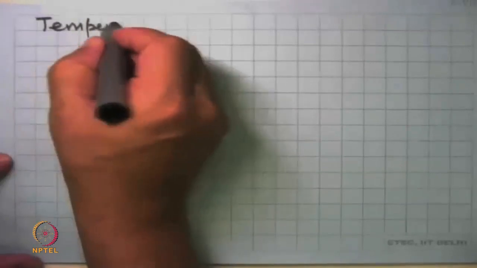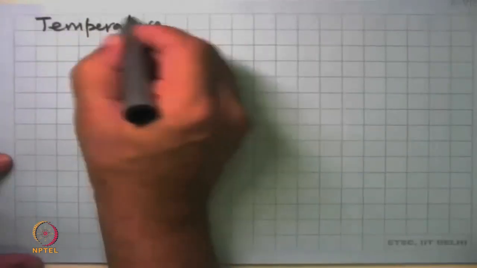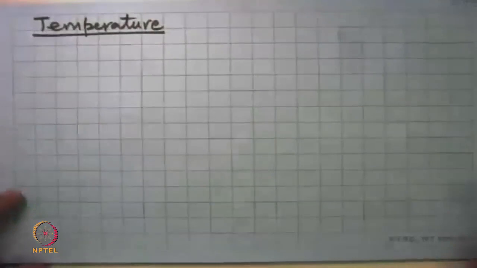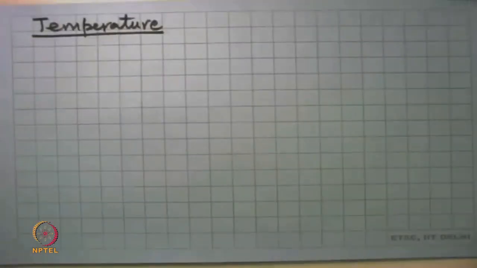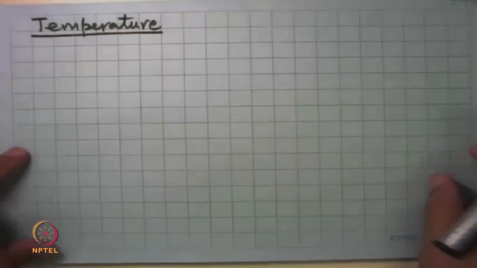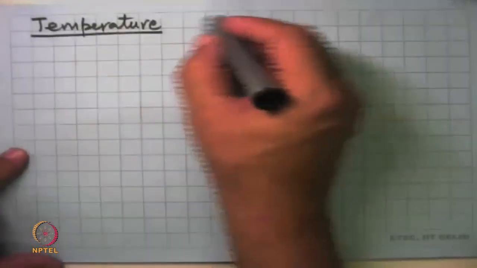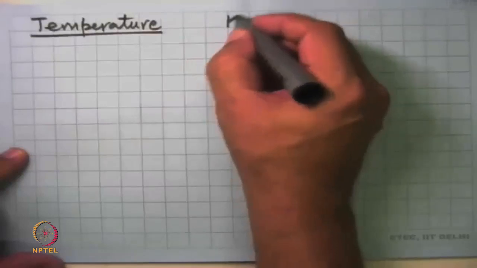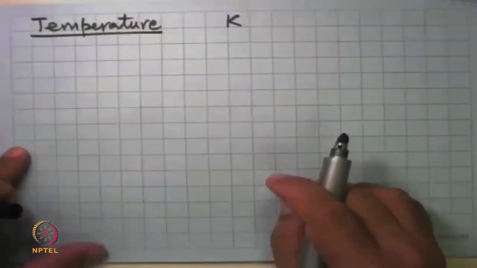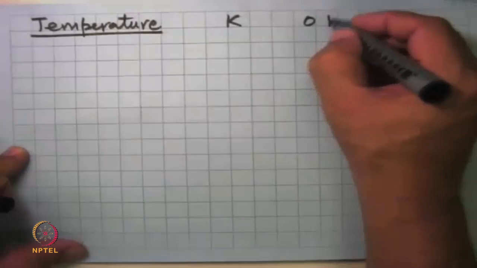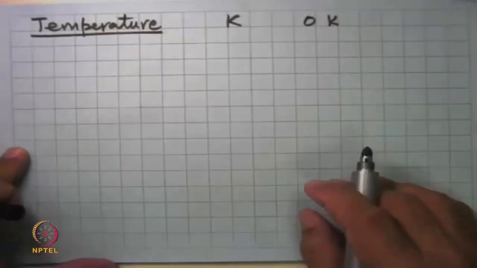So that's the issue with pressure, and we'll now look at the other important property, which is temperature. We'll come back to it when we look at the laws of thermodynamics. For now, we'll only say that in the SI system, the temperature scale is in Kelvin. 0 Kelvin is a state that has not ever been achieved.